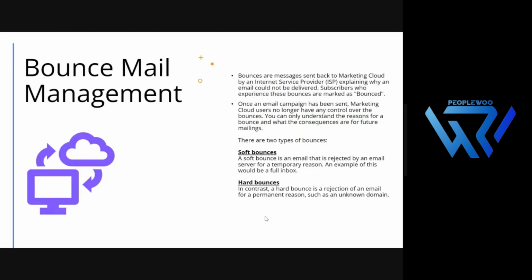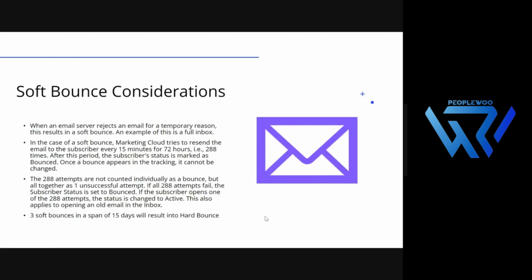But it also turns an email address to hard bounce if it receives three soft bounces in a span of 15 days, that is, 3 into 288 attempts failed. So two factors govern how the hard bounce is calculated and how the subscriber status is changed in Marketing Cloud.